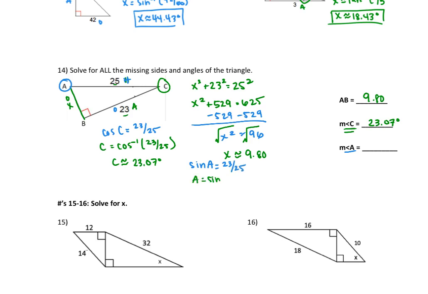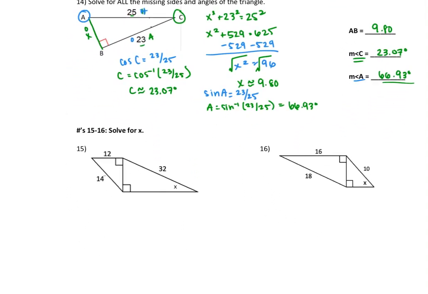So inverse sine 23 over 25. We get 66.93 degrees. Okay, if you use triangle sum theorem, you should get 66.93 degrees on that one as well.